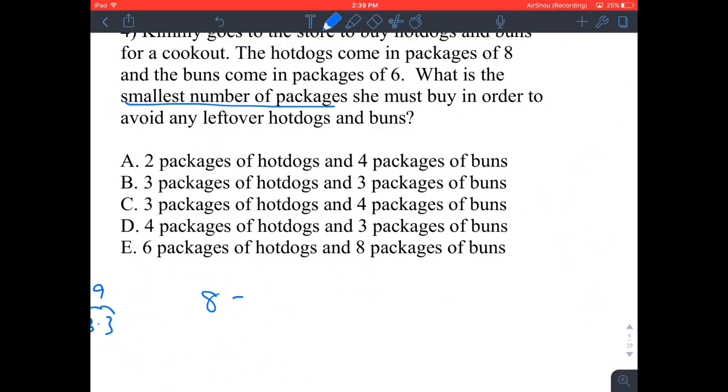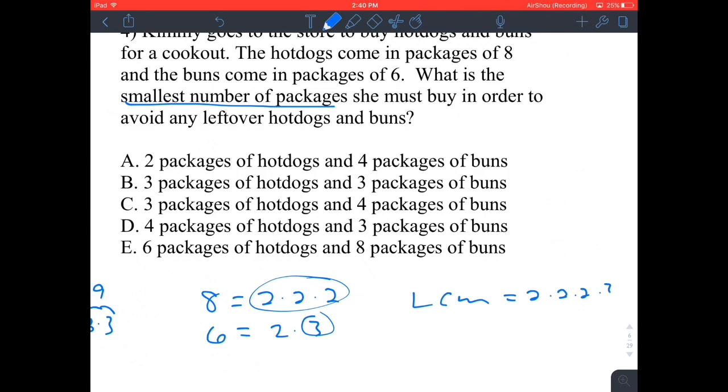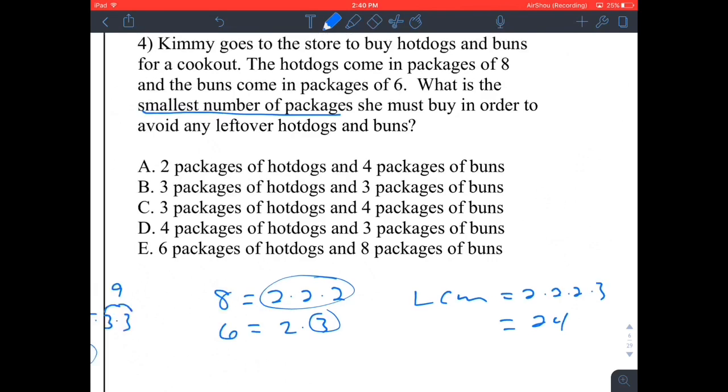Okay, so if we take 8 and break it into prime numbers, 2 times 2 times 2, take 6, it's 2 times 3. So the least common multiple is going to be 2 times 2 times 2 times 3, which is 24. So that means she needs 24 total hot dogs, 24 total buns.